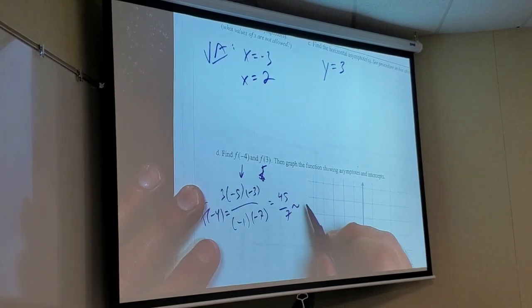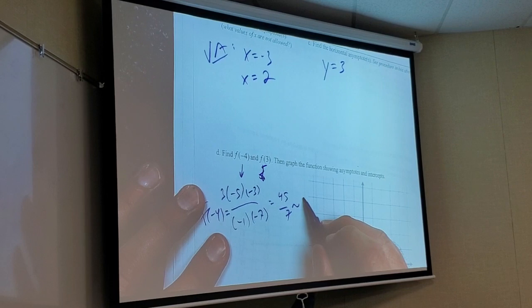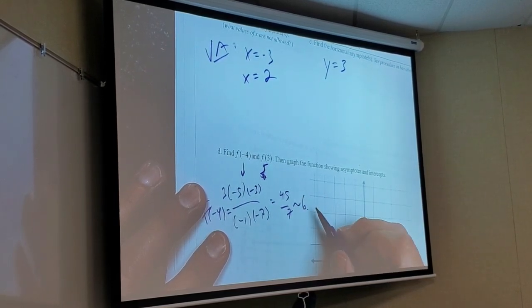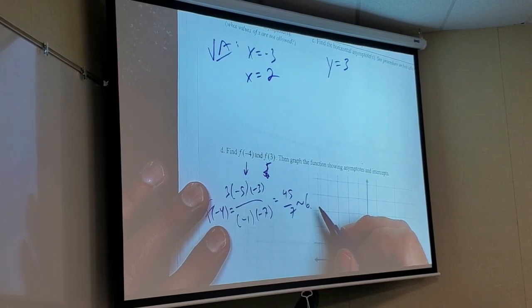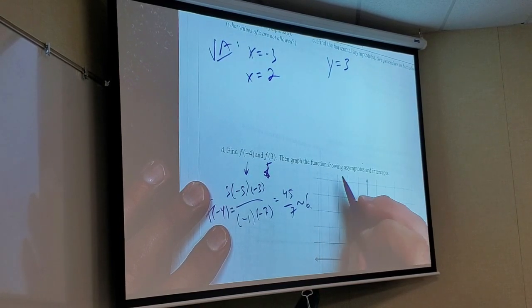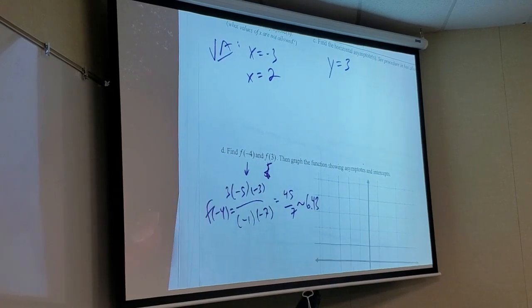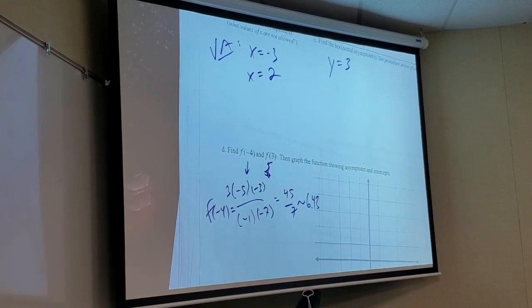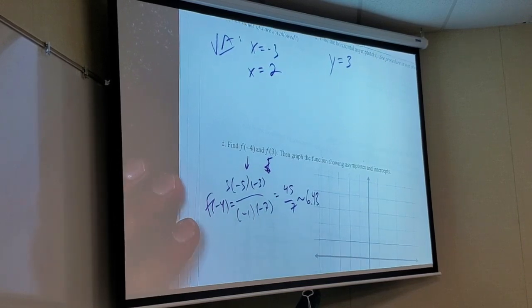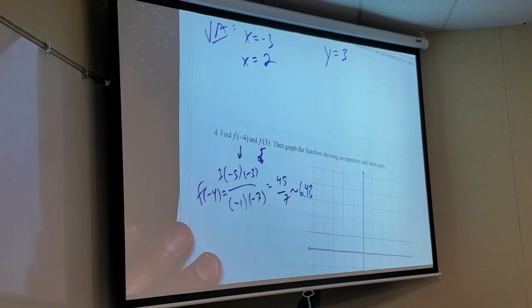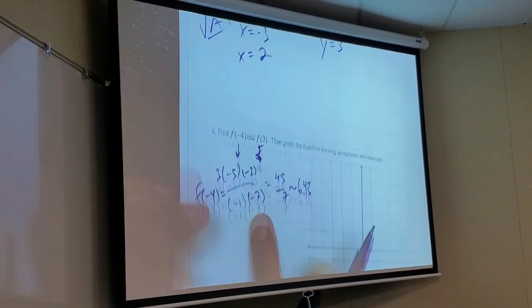It's about 6 point something. .42 roughly. 45 divided by 7. 6.43. Is everybody cool with that? I plugged it into the factored form, right?